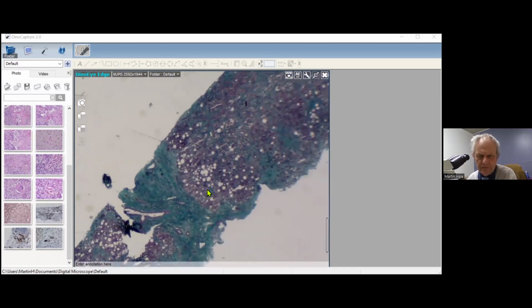If we look here, for example, I'd like you to take a photograph of this pericellular fibrosis. You've got this broad band of fibrous tissue, the collagen. And then I'm just going to pick up the presentation, if I can find it. There it is.